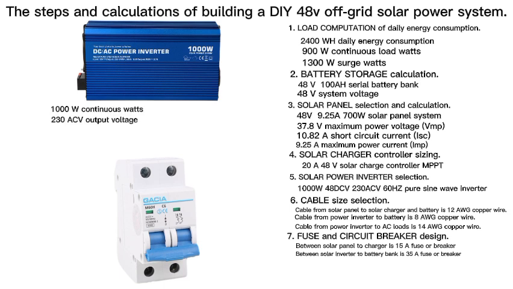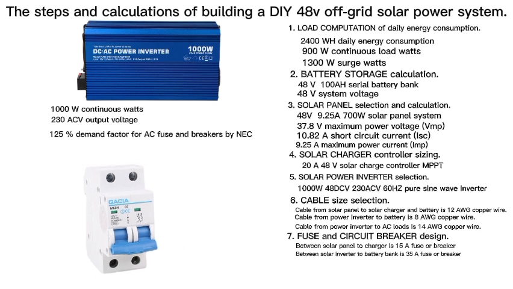Again, our inverter has 1000 watts continuous power at 230 volts AC output power. According to NEC, the National Electrical Code, AC fuse and breaker size has a 125% demand factor.